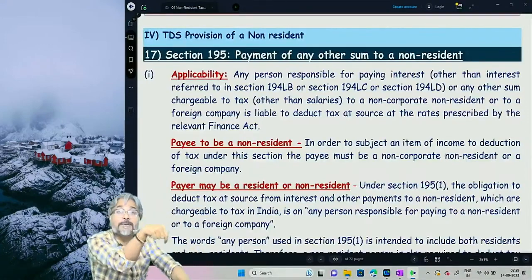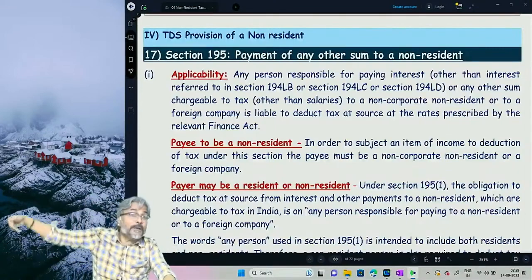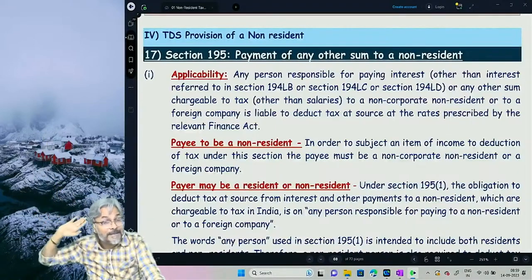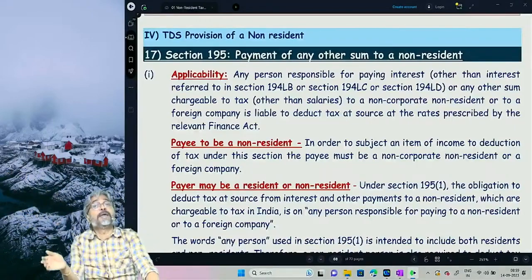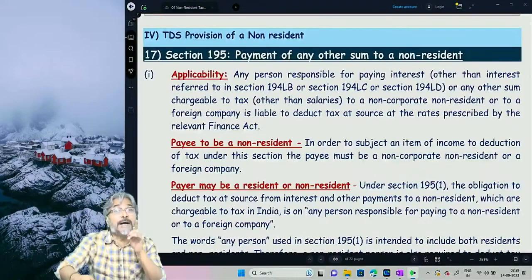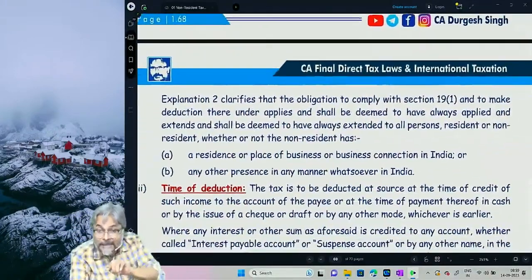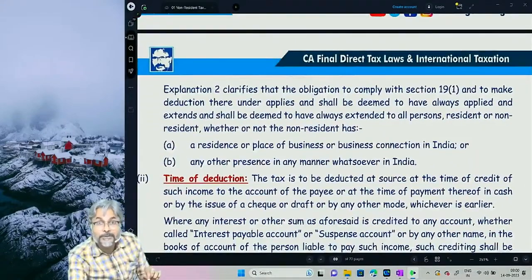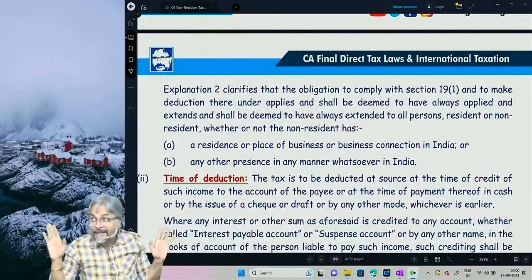And if it is chargeable to tax under the Act, then the payer, whosoever he or she may be, whether resident or non-resident, will come under the obligation to deduct the TDS.